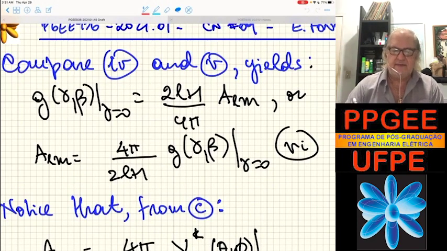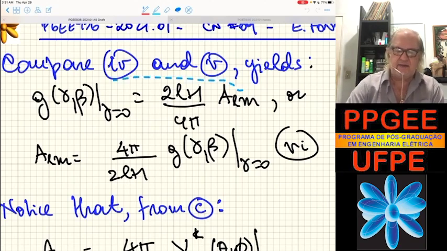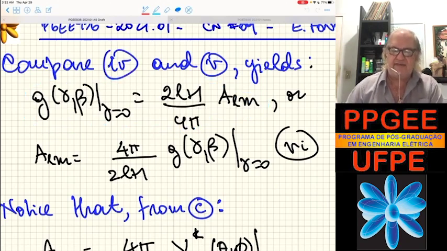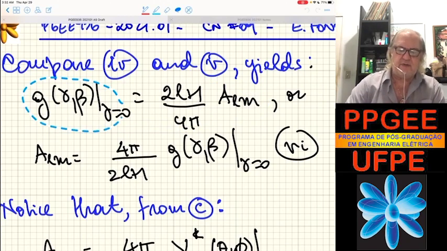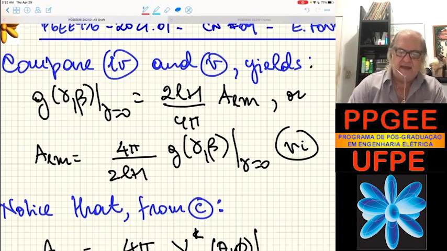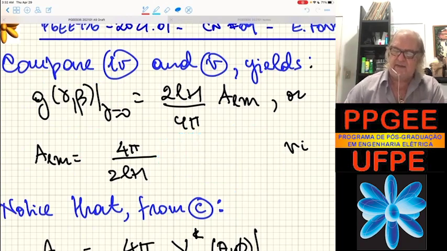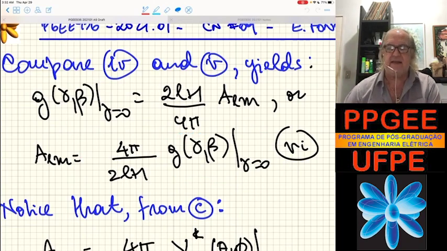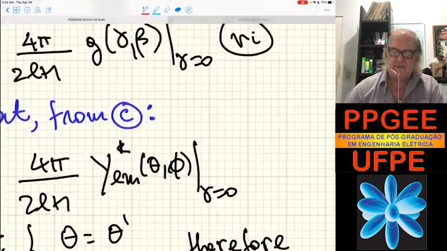Going back to B0 and relating it to ALM, we have that this is proportional to B0. We have that factor, so we have ALM as a function of G of gamma, beta for gamma equals 0. But what is G of gamma, beta for gamma equals 0?